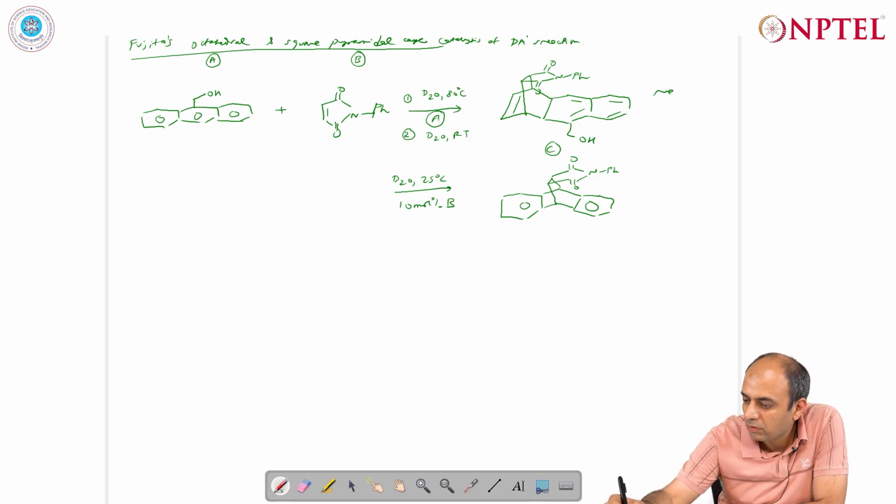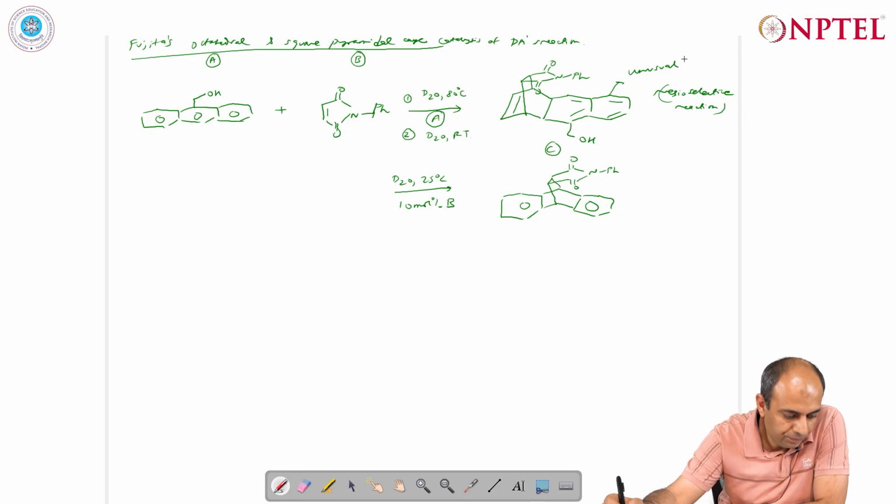So, this is a case of regioselective reaction, where when you take the Fujita's octahedral A cage, it gives rise to the unusual regioisomer.